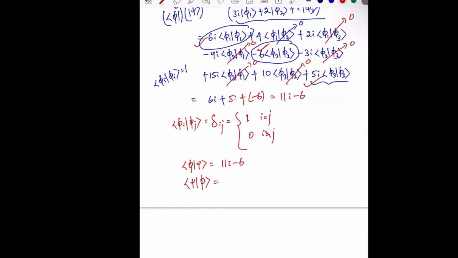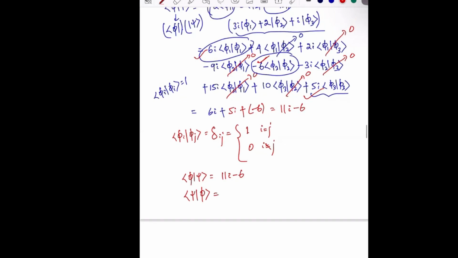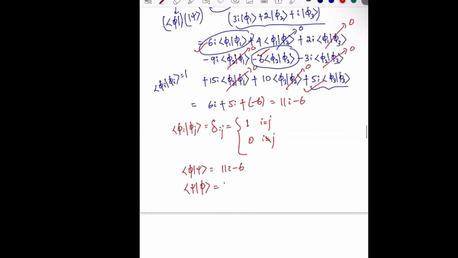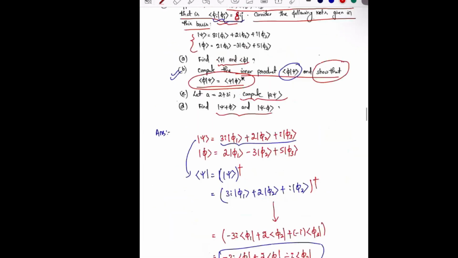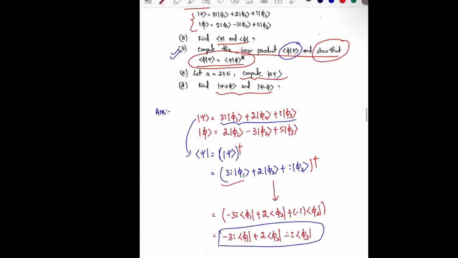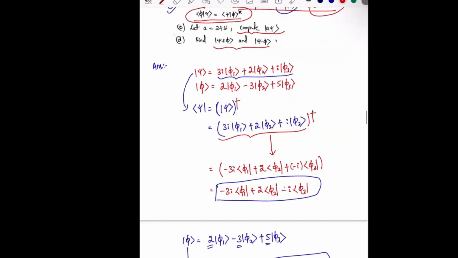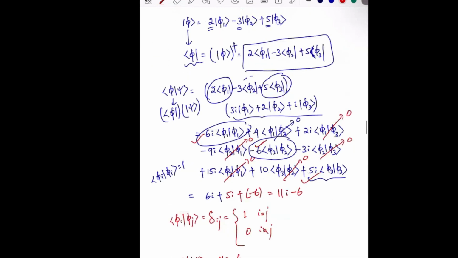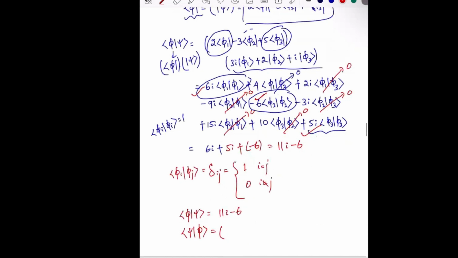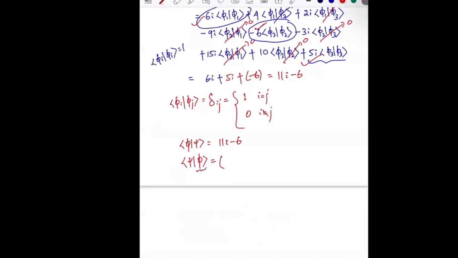So let me write the expression for psi. I think the bra vector is this, not this one: minus 3i phi 1 plus 2 phi 2 minus i phi 3. So use this, and use the ket vector expression for phi.